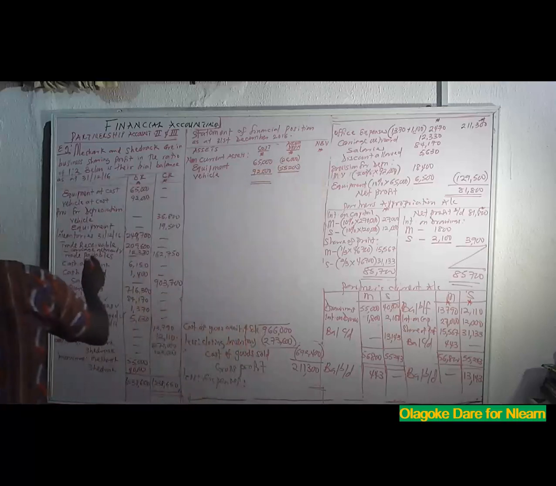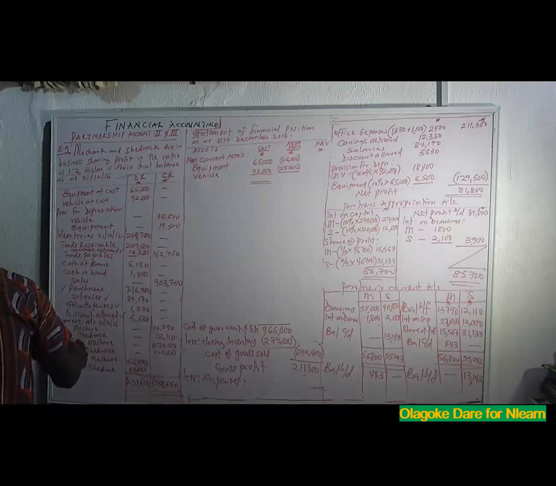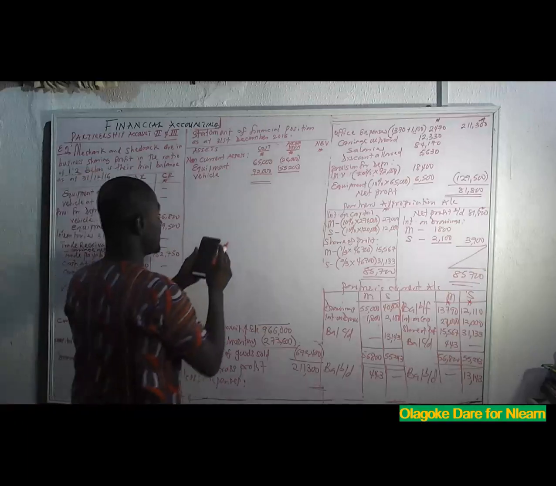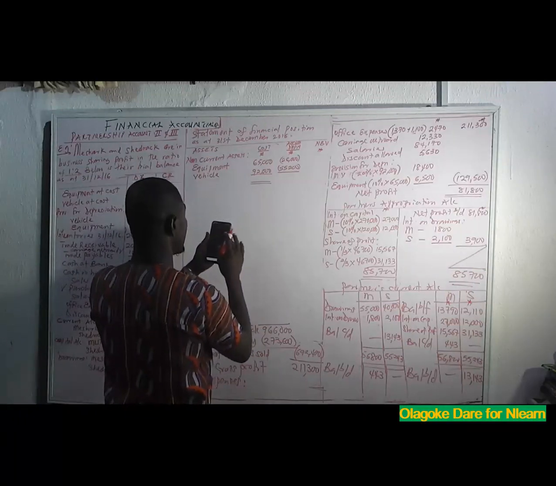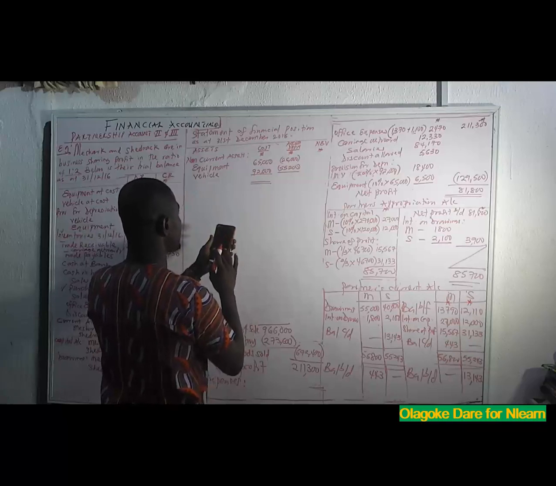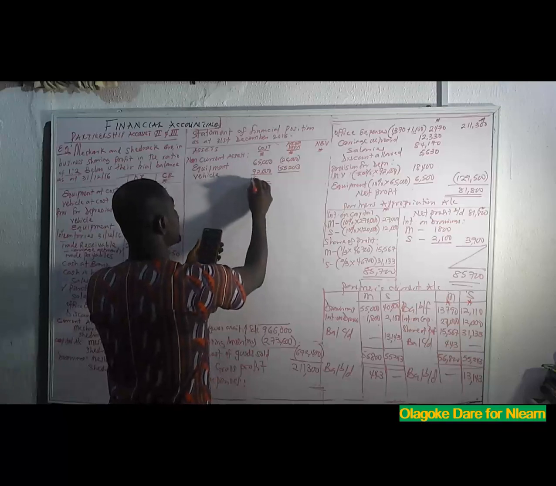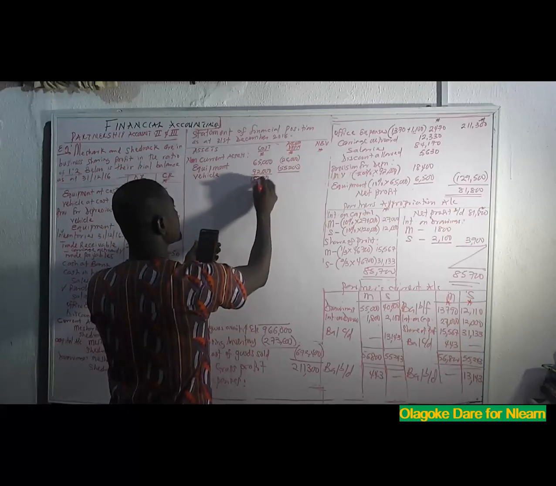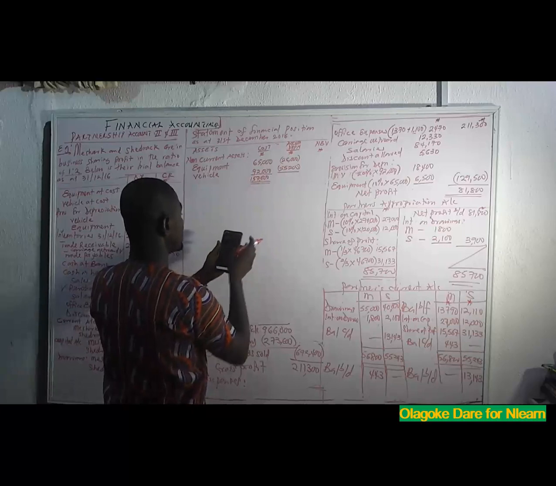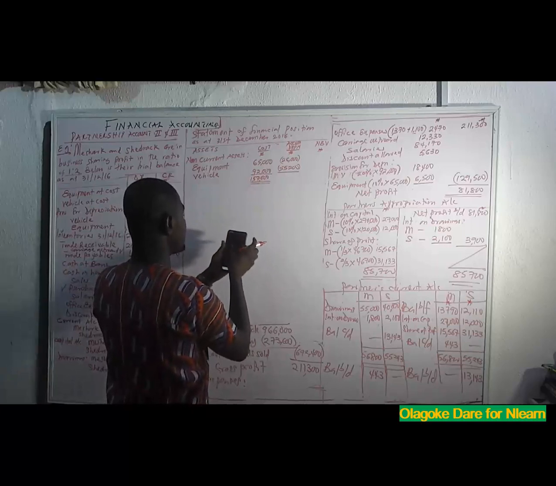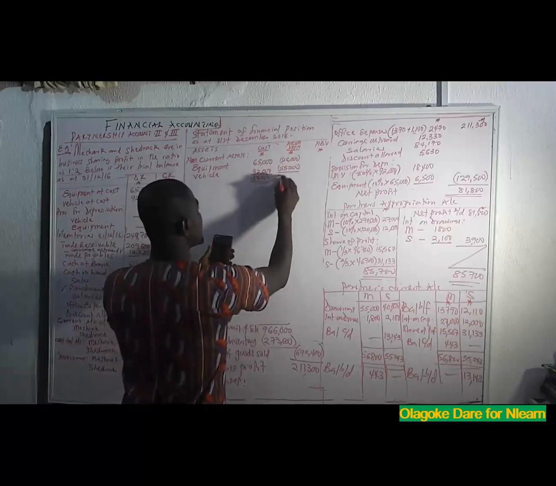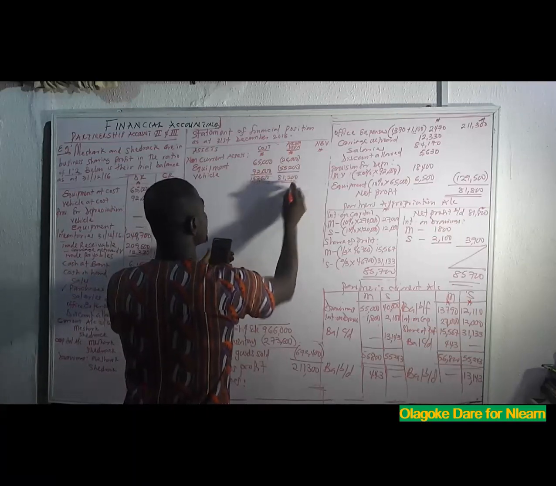Do I have any fixed asset again? Those are the fixed assets I have, so I can close them. 65,000 plus 92,000, I have 157,000. 26,000 plus 55,200, I have 81,200.